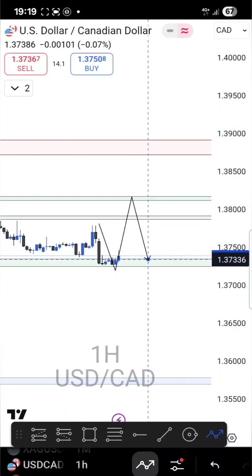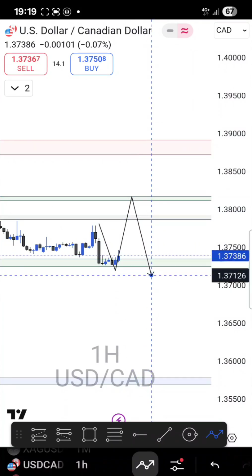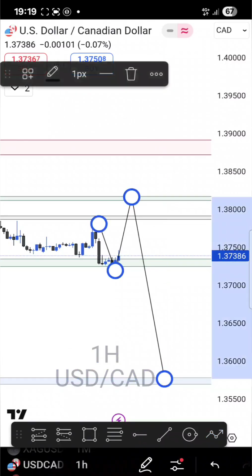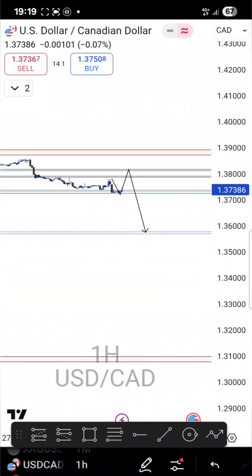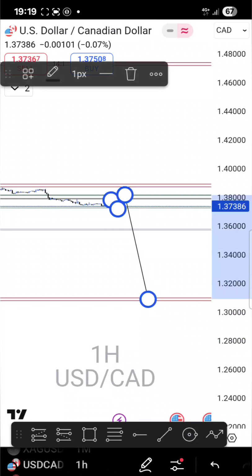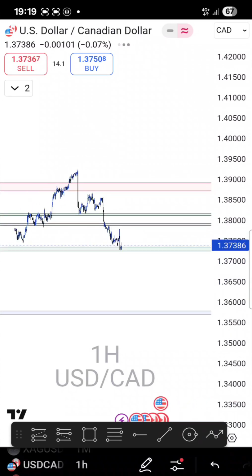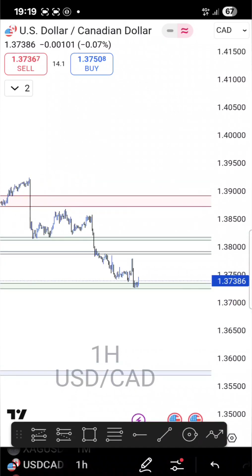First TP is 1374 area, and then the next TP 135 region before we start going all the way down to visit the monthly support zone. So this is a strong analysis for USD.